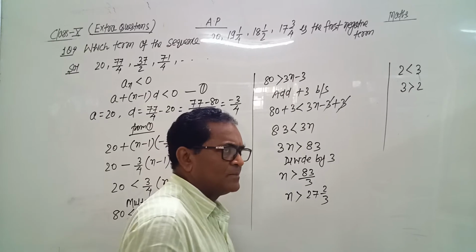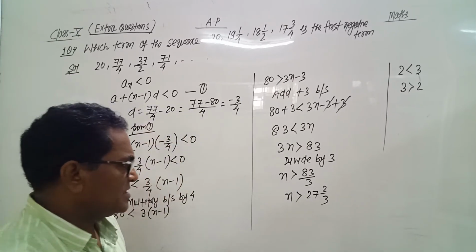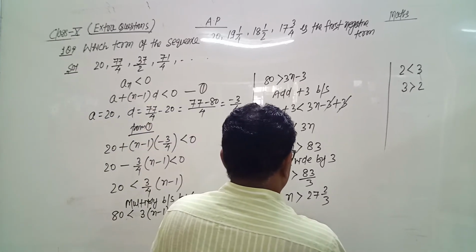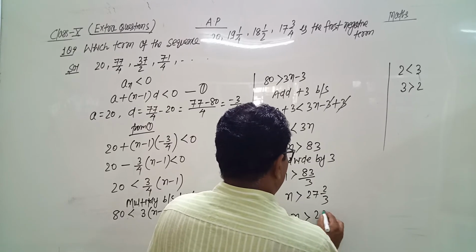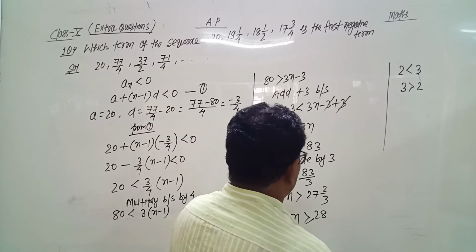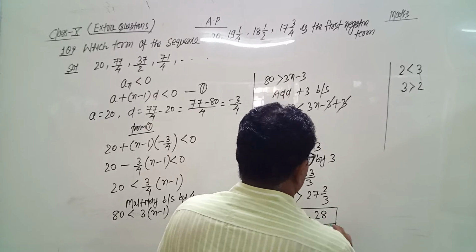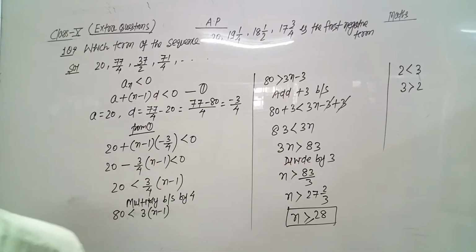The first natural number which is greater than 27 2 by 3 must be 28. So the value of n is greater than or equal to 28.